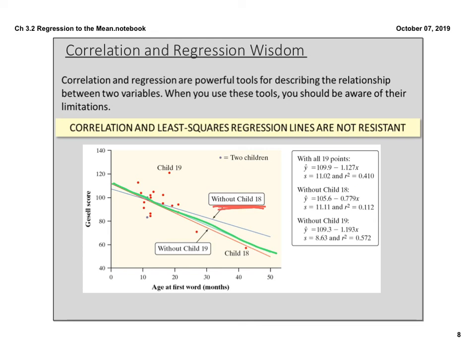With all the points, you get an R squared of 4.41. When you take out child 18, you get an R squared of 0.11. When you take out child 19, you get an R squared of 0.572. All of those lines turn out to be different. So you can see that those lines are changing depending on what outliers are in or out.